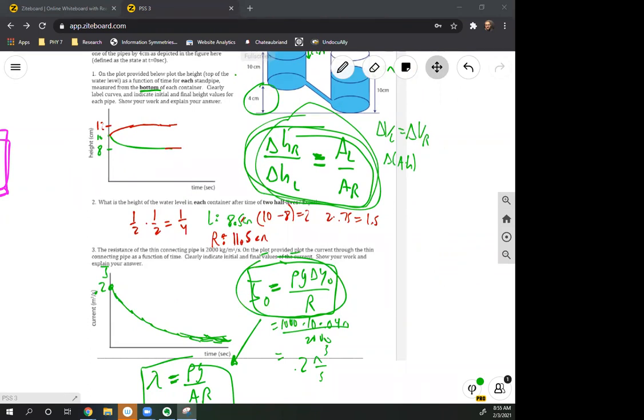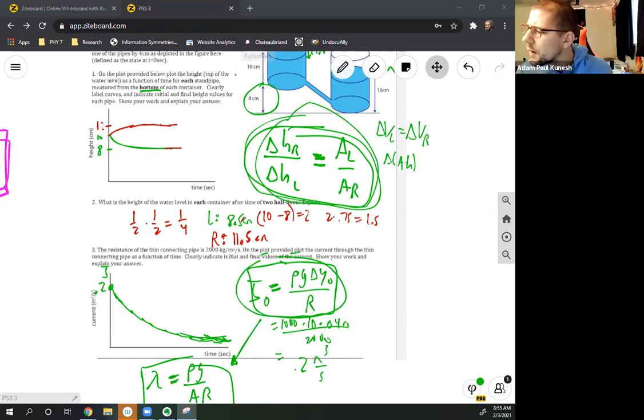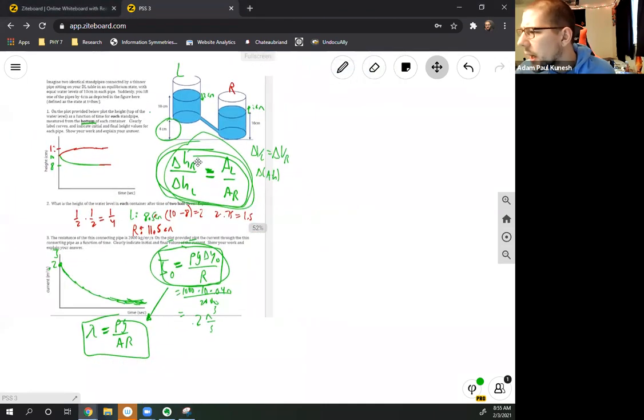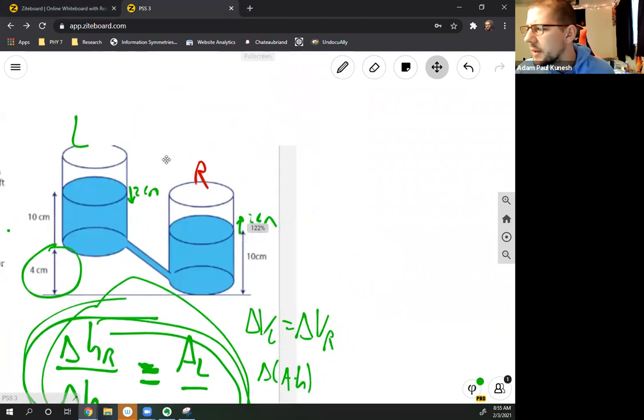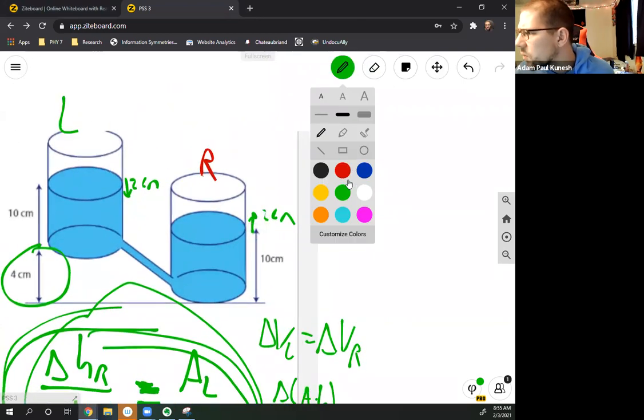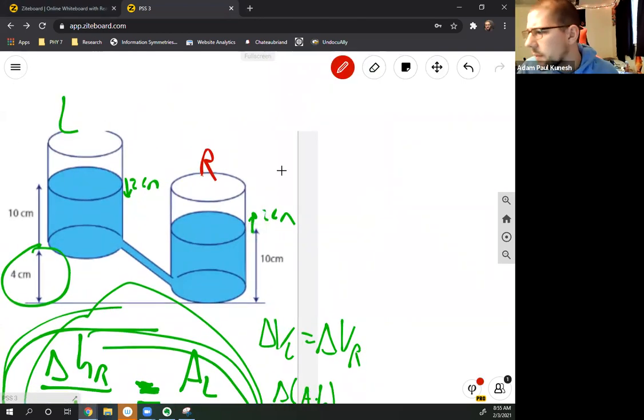Also, I was curious as to why delta P equals 0 in Bernoulli's equation when it's initial. Okay, sure. There are a few ways to think about this. The way that is commonly taught is that when I'm calculating the current between points, I'm calculating the current between this point and this point, so 1 and 2 here.